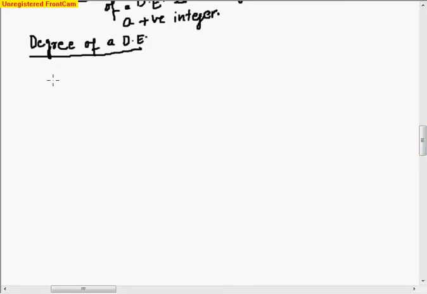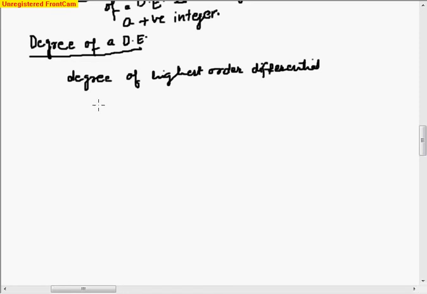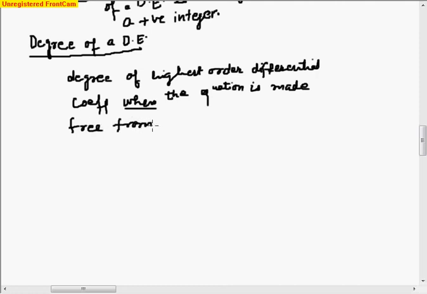Degree of a differential equation is the degree of the highest order differential coefficient, when the equation is made free from fractions and radicals.